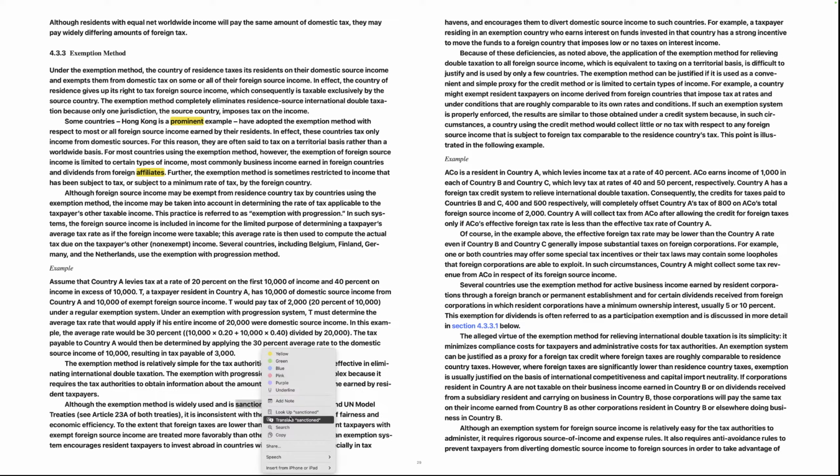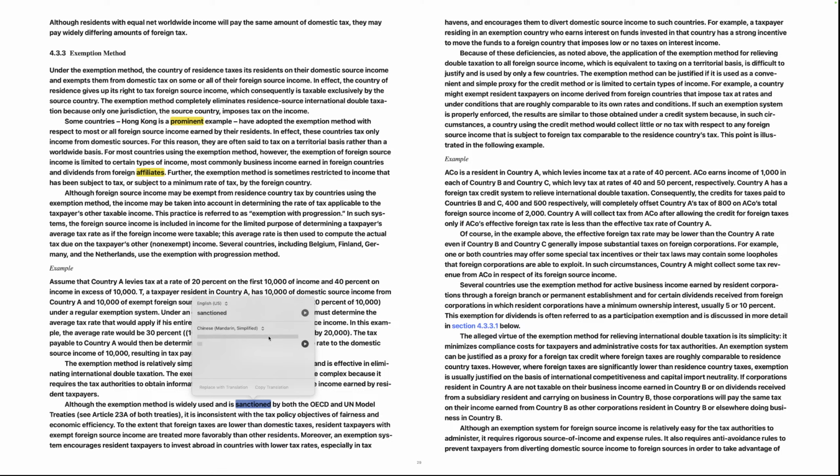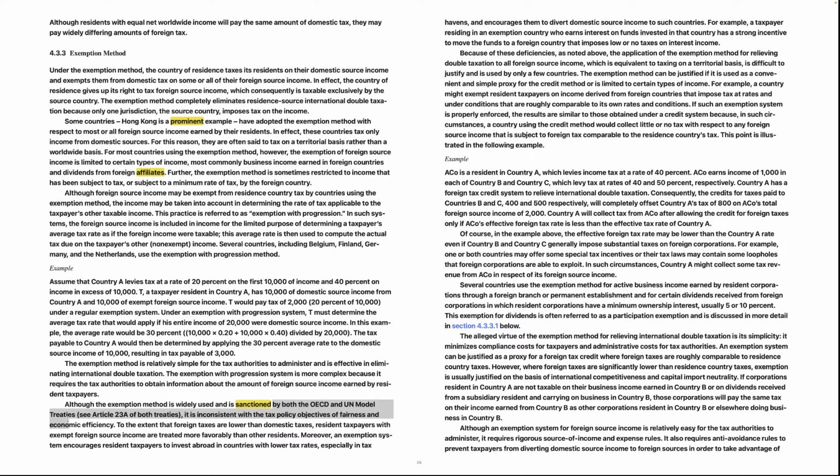Although the exemption method is widely used and is sanctioned by both the OECD and UN model treaties, it is inconsistent with the tax policy objectives of fairness and economic efficiency.